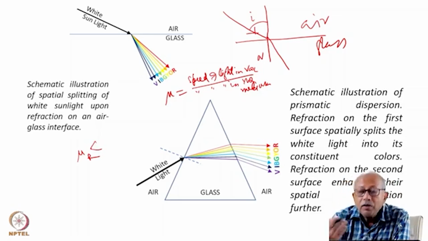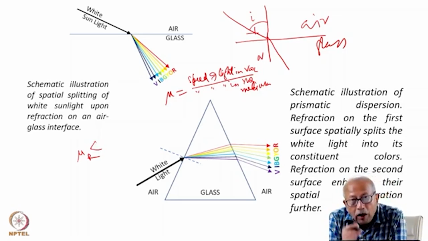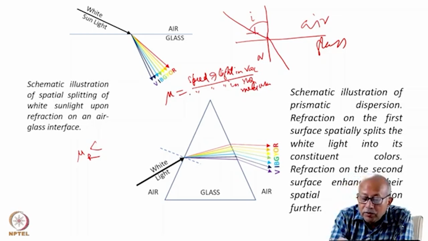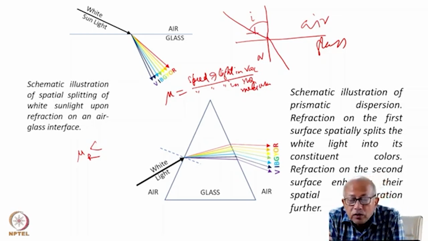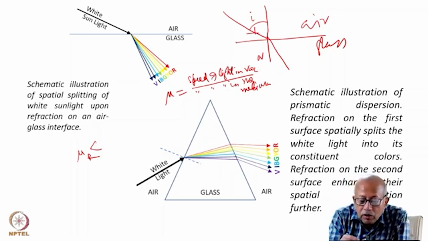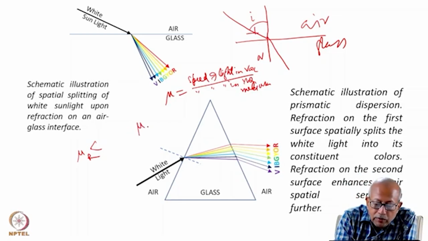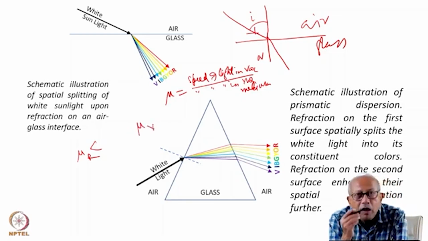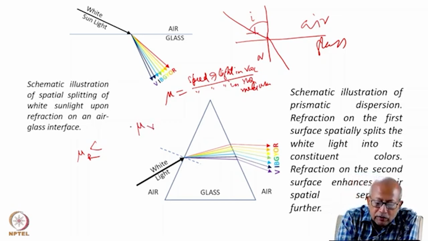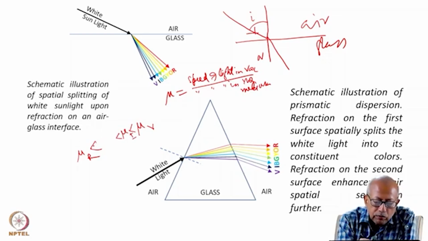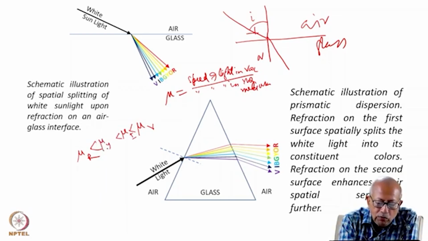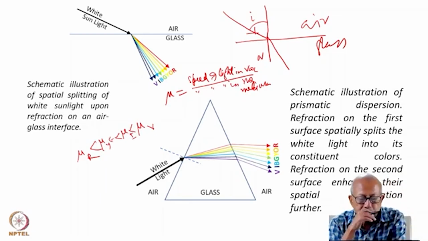And which is the largest? Violet, because its speed is the slowest, so mu violet is the largest. All other colors like red, then mu indigo, mu yellow, and so on, lie in between.